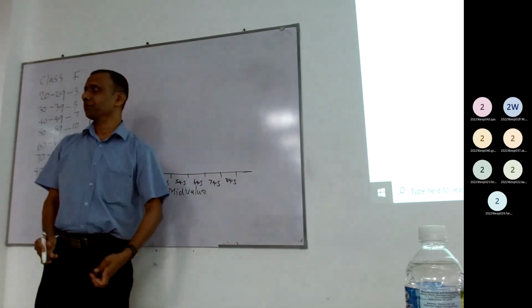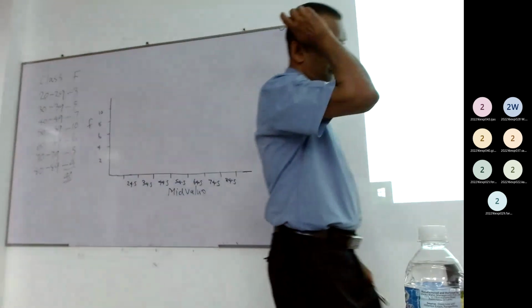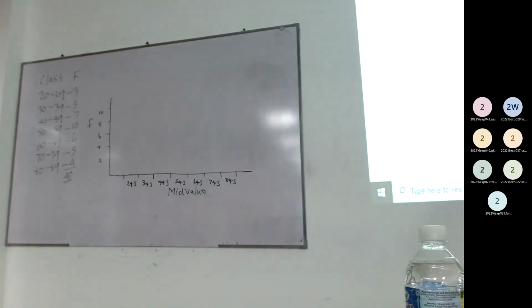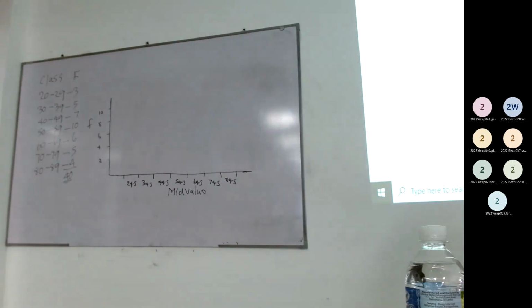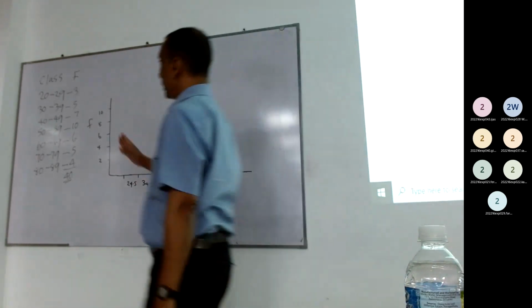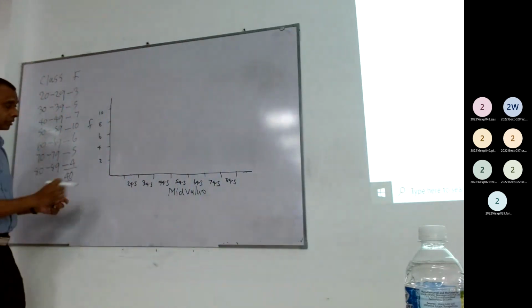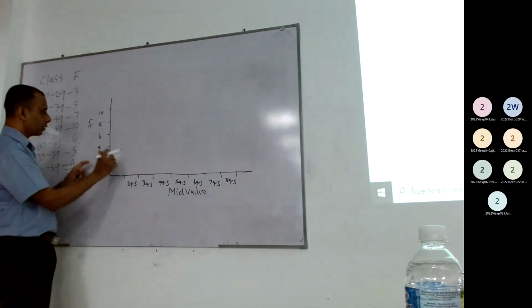Then what is scale 3? Right here, 20-29, height 3, but we consider that as scale as well, therefore 3.